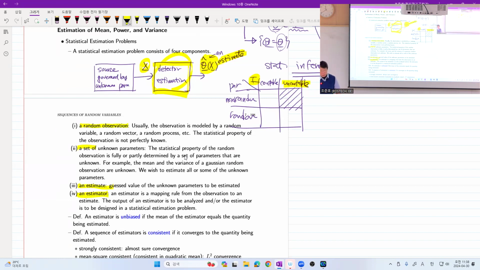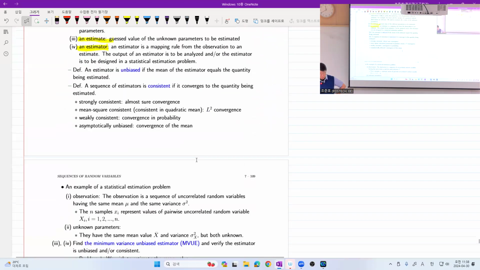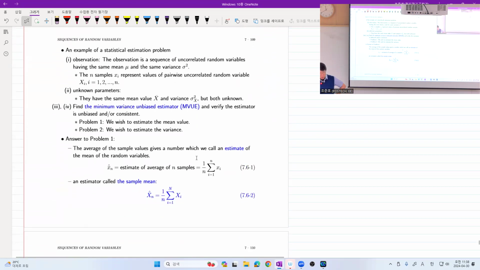Got it? Now, I'd better give you a concrete example because otherwise we will have a lot of confusion. So let's directly move to our example. Suppose we have a random sequence generator. This random sequence is, for example, not necessarily Gaussian, but has mean mu. They are IID random variables having the same mean and variance.